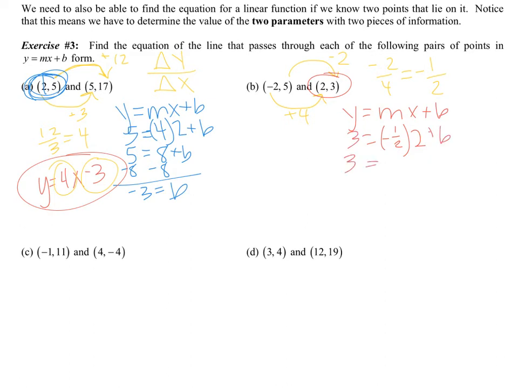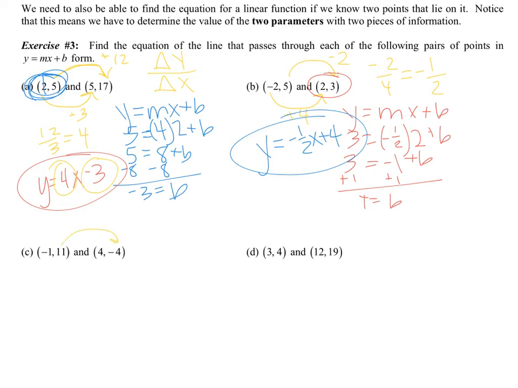So a negative times a positive is a negative. 2 times 1 divided by 2 is 1. We're going to add 1 to both sides, so 4 equals b. You would have found 4 equals b if you used the other equation as well. So our new equation is y equals -1/2 x plus 4.